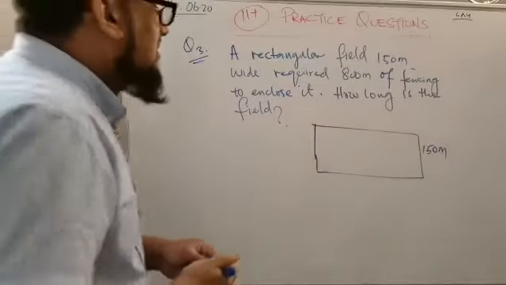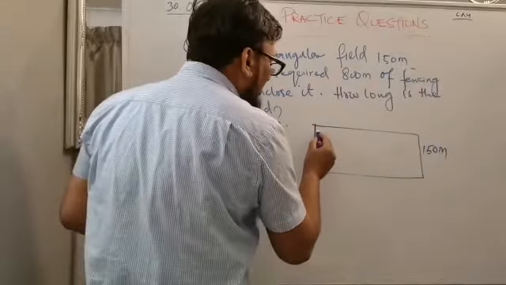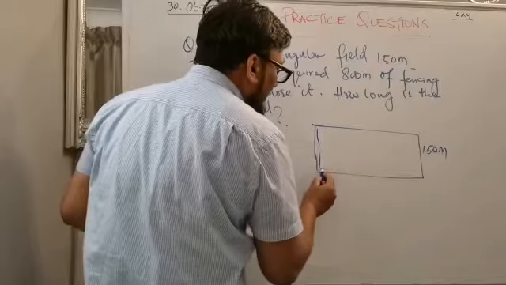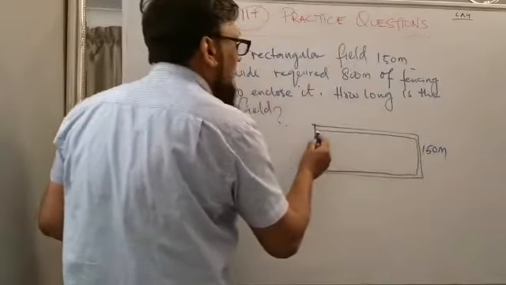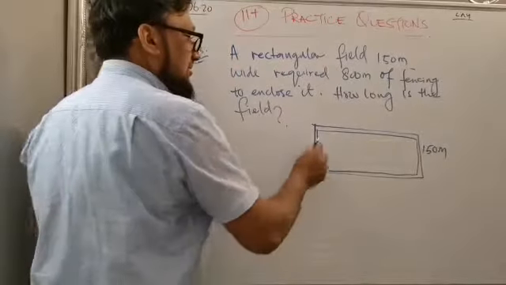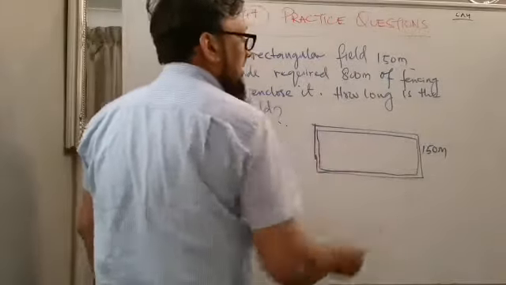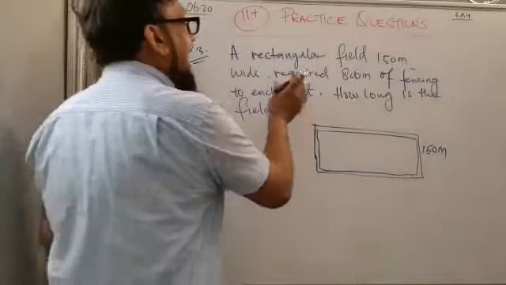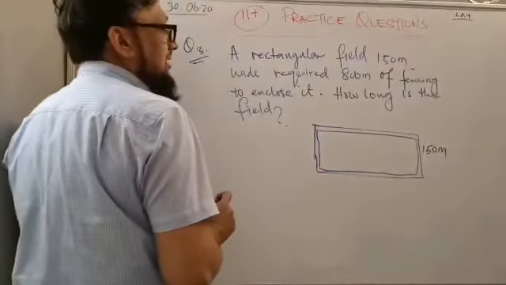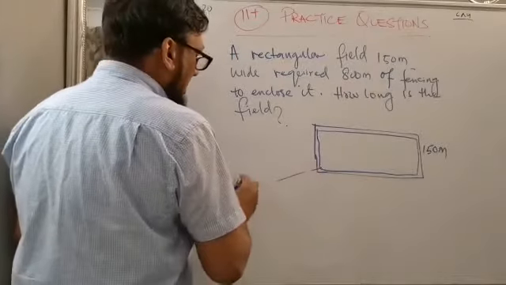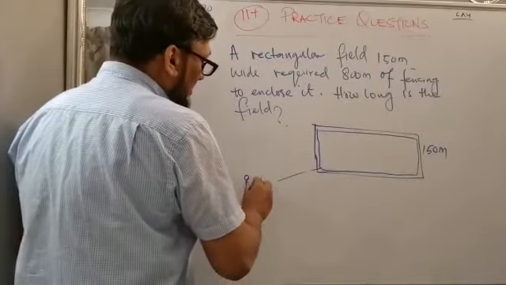So it means we are putting a fencing, okay, enclose it, all the way, okay. So we put the fencing here, all the way. And how long the fencing? If they enclose for this rectangle, which is 800 meter.